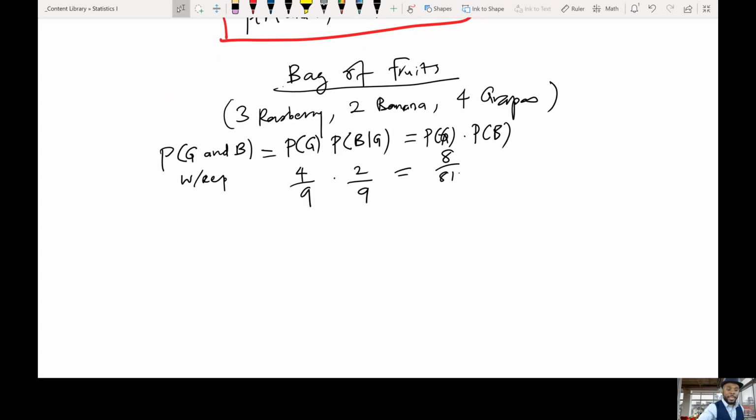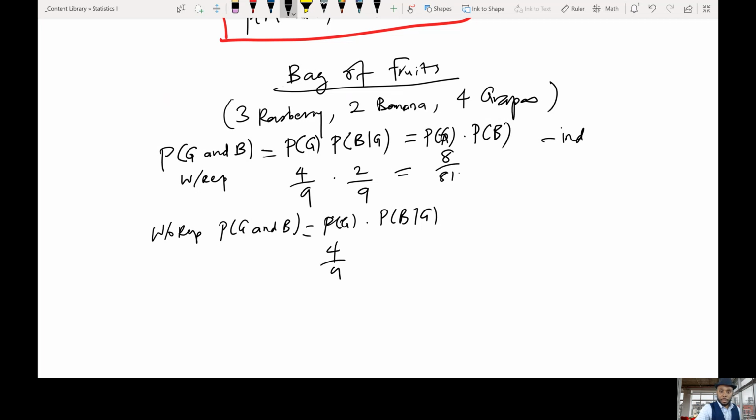Now, what about without replacement? So without replacement, what's the probability of G and B? Now this would be different. We're still using this expression, the probability of G times the probability of B given G. Now the probability of drawing a grape is still 4/9.